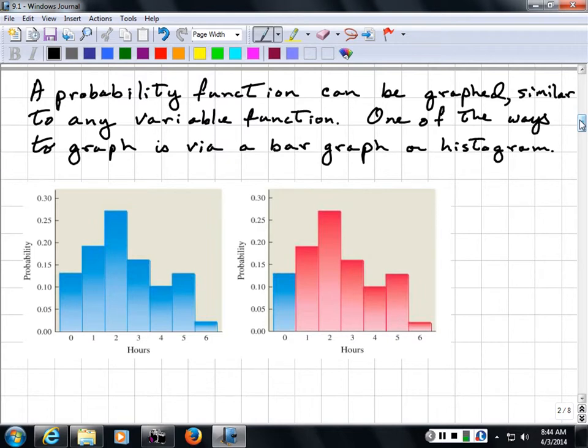Notice that in this case, the numbers in the probability distribution table, the x's represented hours. I don't even remember what the experiment was, and it really is immaterial for this. But notice that the x values are written across the x-axis in the first quadrant of a graph, okay? And these are actually going to be the midpoints of your bars, okay? And notice that for this first one, we had 0, and I believe the probability for 0 was 0.13.